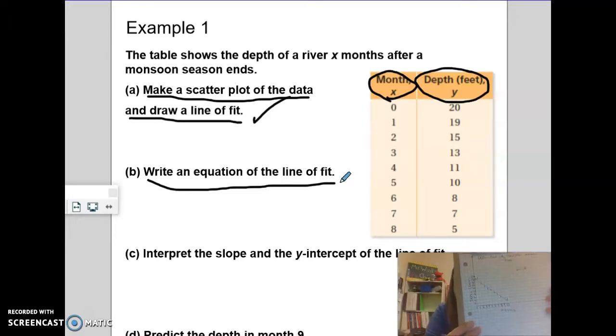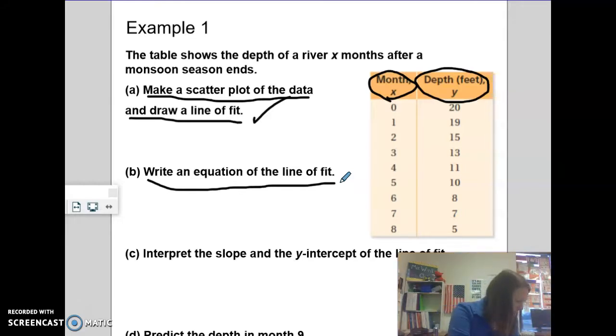Now I'm going to take a look and see if I can figure out my slope as best as I can. Again, it's going to be a little bit of a guess. It may not be super accurate because the line didn't go straight through the corners of the grid, and that's okay. So looking at it, it almost looks like I have a slope of 1.